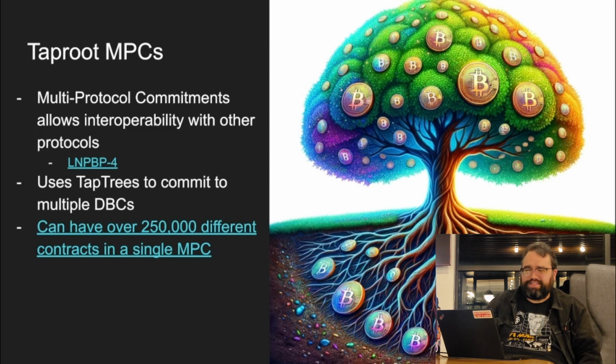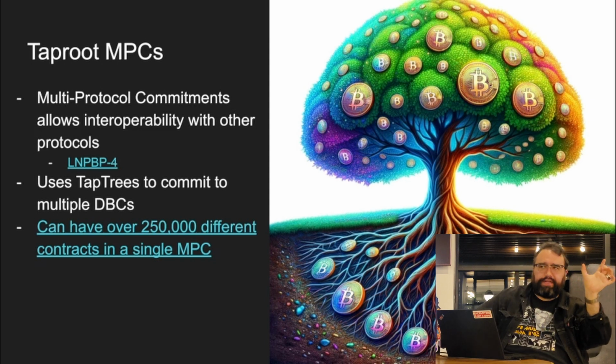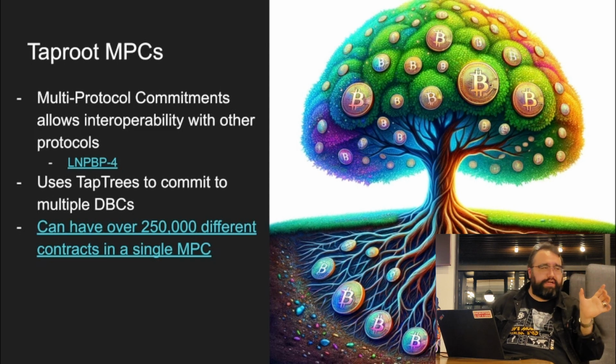The next thing is, since we can put them into these binary trees, we can actually embed over 250,000 DBCs, deterministic Bitcoin commitments, into the same cryptographic commitment, which is that Merkle root. We can put 250,000 different tap leaves, right? And those are basically for every different contract.